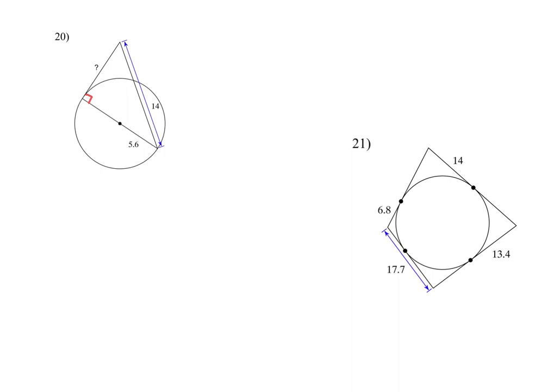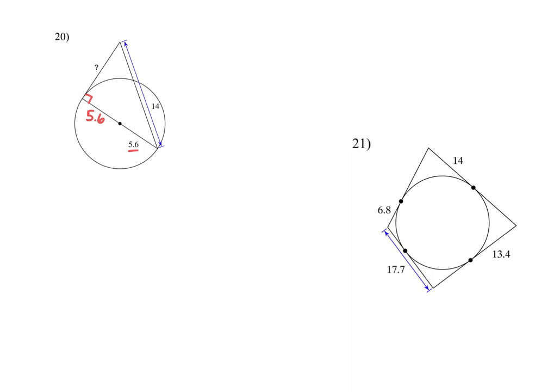So on some of these, they give you the diameter, and those arrows show you that they gave you the entire line. If they give it to you like this, just on one side of the line, then because it's a radius, you know that other side is also 5.6. Okay, so make sure that you don't just do the 5.6 as your number that you're going to square. You actually need to do 11.2 as your number that you're going to square.